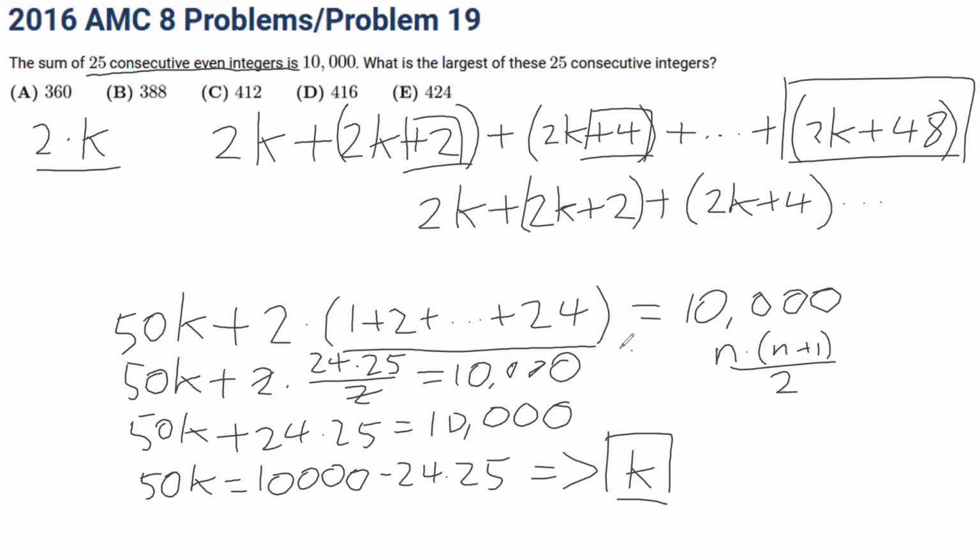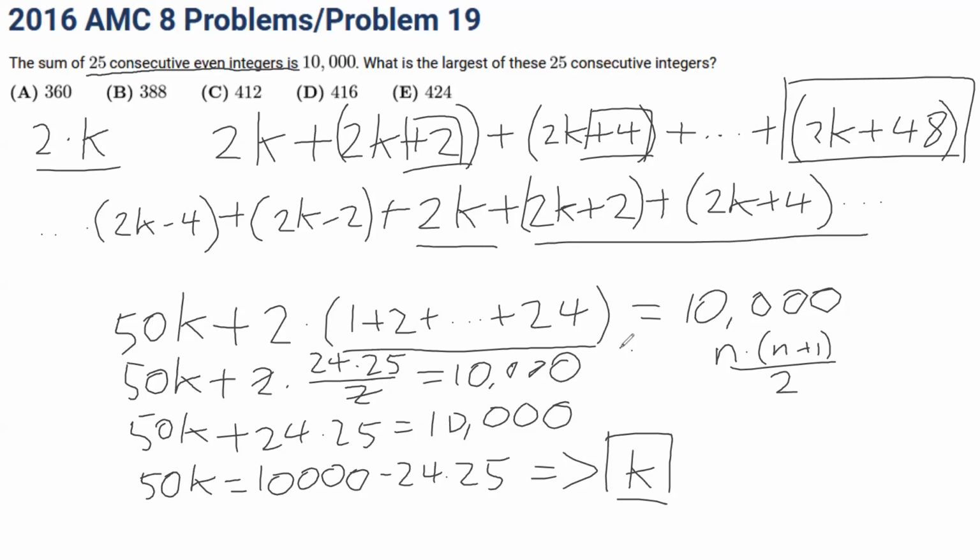dot dot dot. And then on the other side, we would have 2k minus 2 plus 2k minus 4 dot dot dot. And so since we have 25 terms in total, we have 1 in the middle. That means there are 12 terms here and 12 terms here.